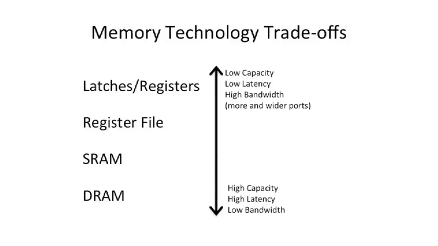Okay, so to wrap this memory technology section up, I want to talk about some of the trade-offs. Computer architecture is all about trade-offs, and why would we use one type of technology versus another?